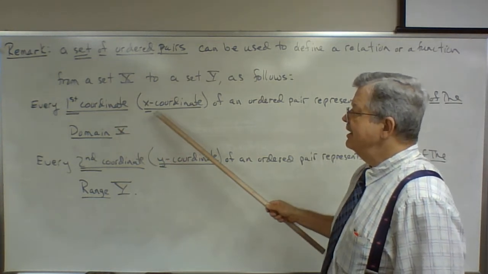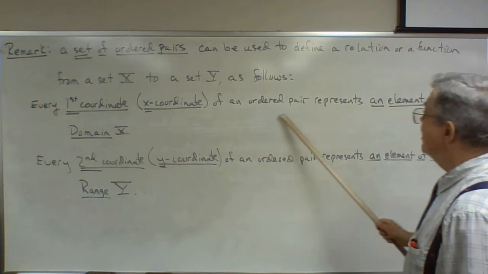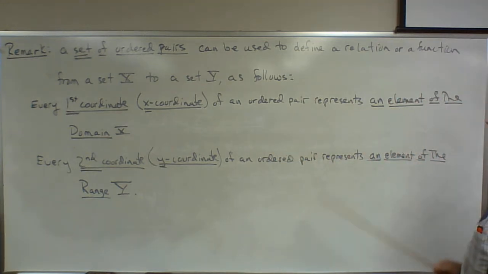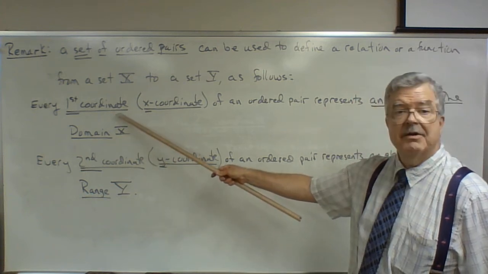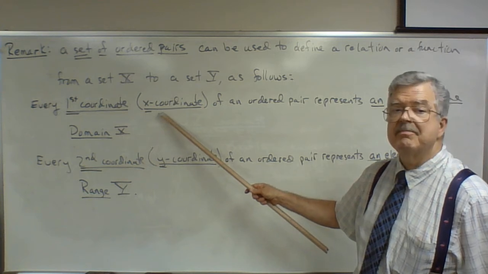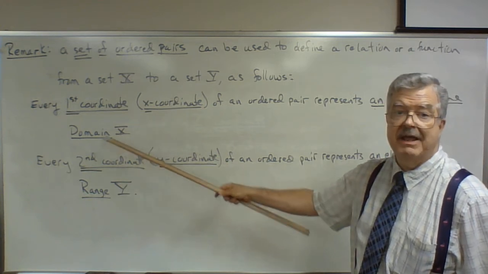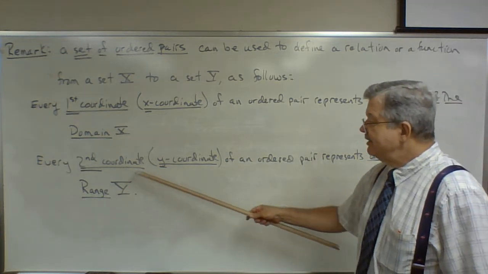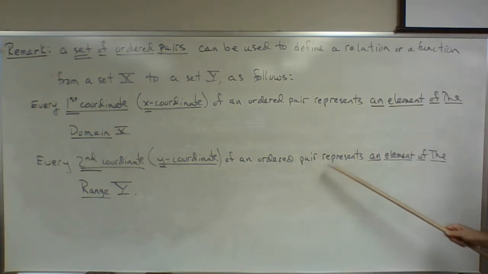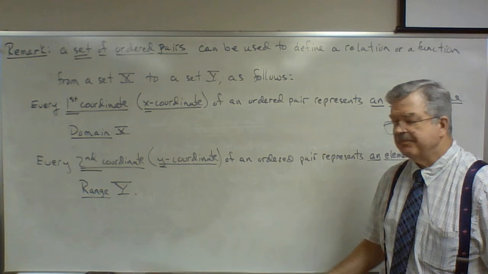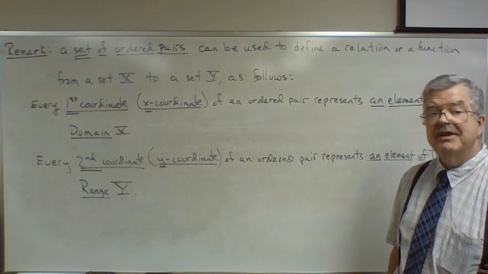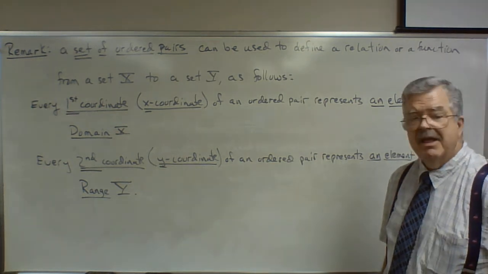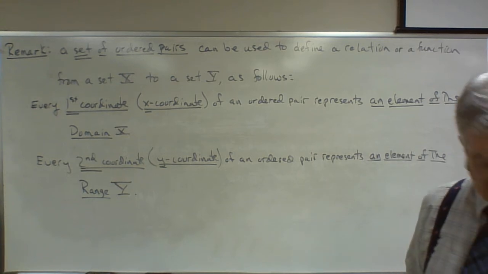Every first coordinate, or x coordinate, of an ordered pair represents an element of the domain X. Every second coordinate, or y coordinate, of an ordered pair represents an element of the range Y. And let's look at just one example.